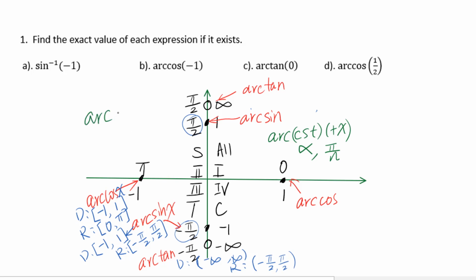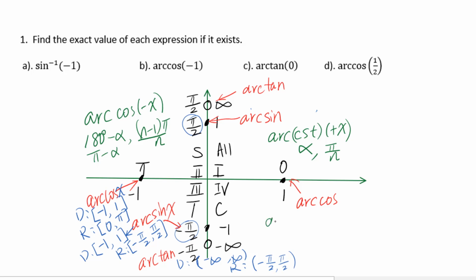For arc cosine negative x, we'll go to the second quadrant. We will use 180 degrees minus alpha or pi minus alpha to stand for the angle in the second quadrant. If it's a special angle, we will use n minus 1 pi over n.